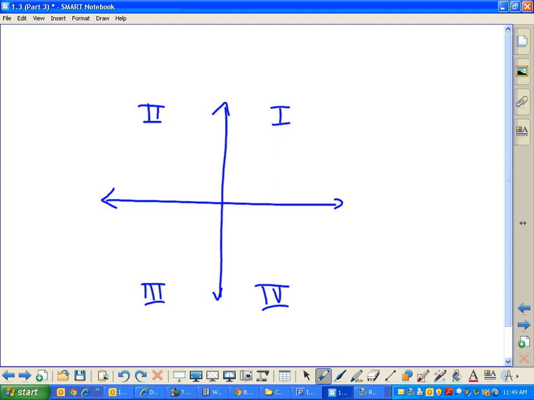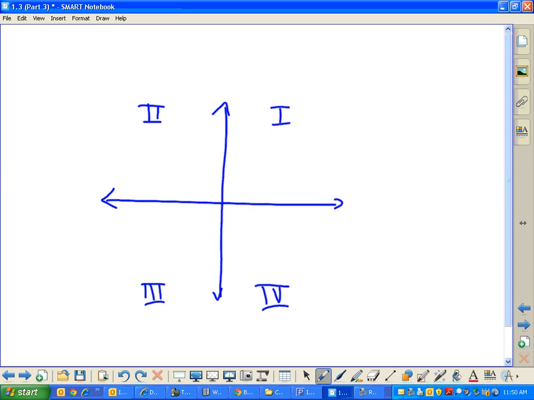And if you were paying attention to Adam's very, very good question, you know that the sign, the plus or the minus, is going to matter. So let's talk about plus and minuses as they pertain to the quadrants. For instance, I know in quadrant 1, I go over and up to get in it, which means that my x's are positive and my y's are positive.